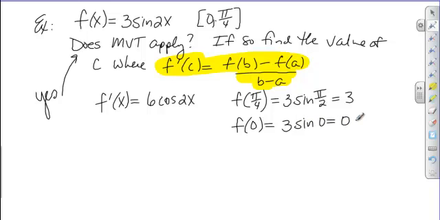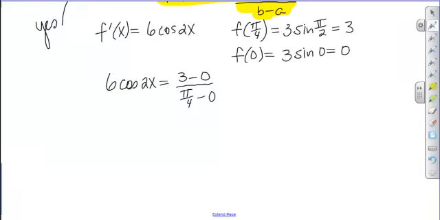So our job now is to set 6 times the cosine of 2x equal to 3 minus 0 over pi over 4 minus 0. Change in y divided by change in x.